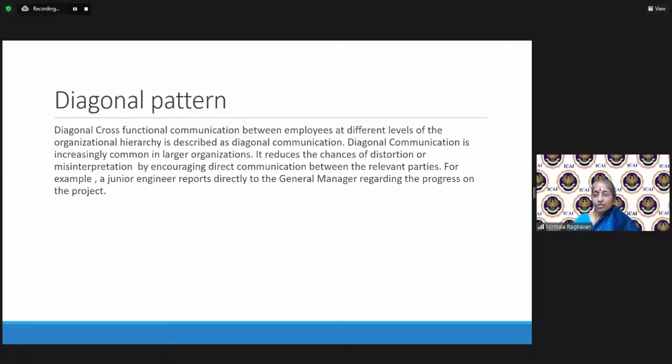For example, a junior engineer reports directly to the general manager regarding the progress on the project. Hierarchy, I said, is the topmost person is a CEO, then comes the general manager, then comes the managers, then comes the officers. So that is called hierarchy.